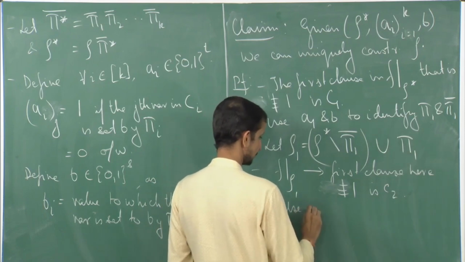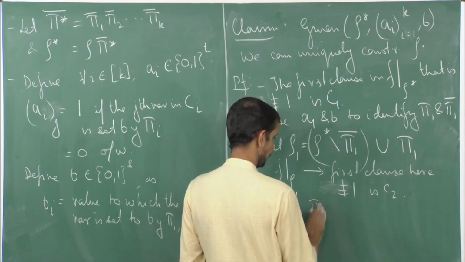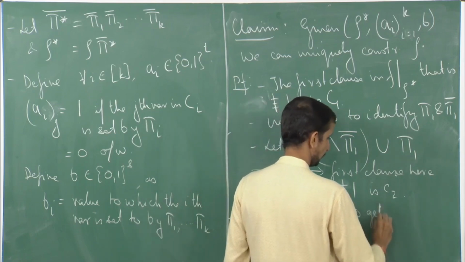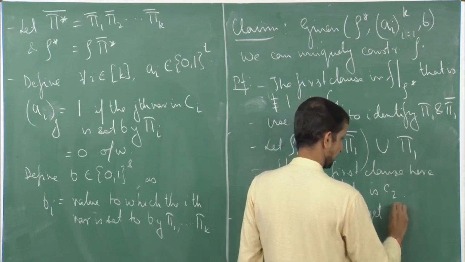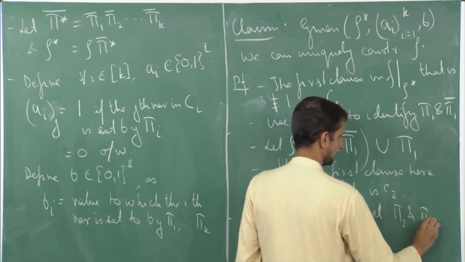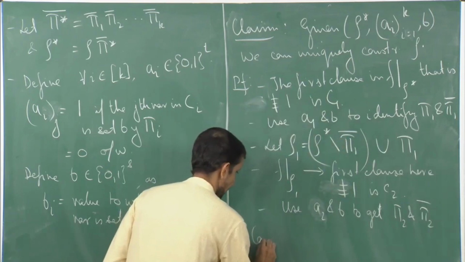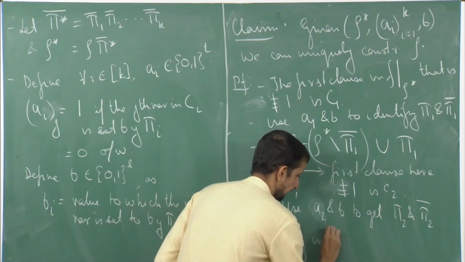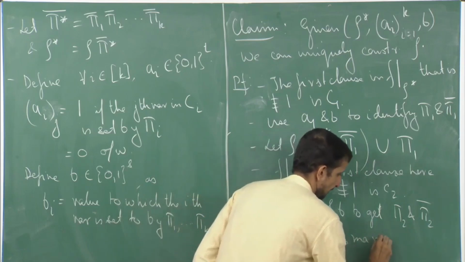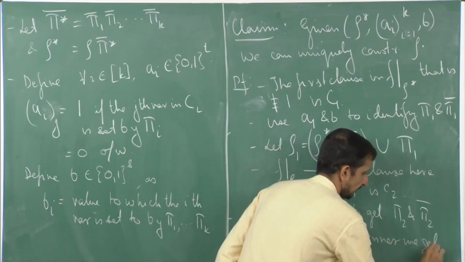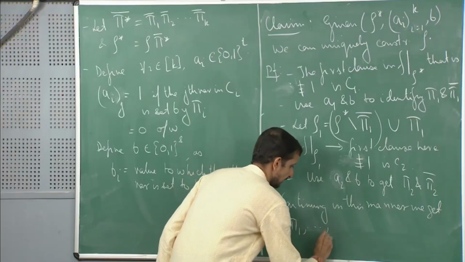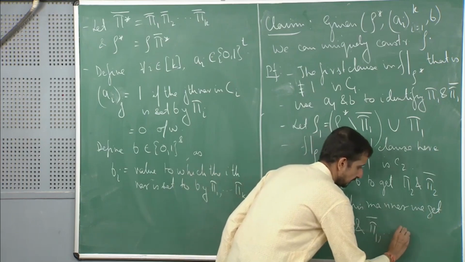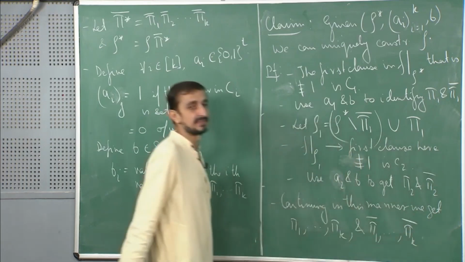Once again use A2 and B to get pi 2 and pi 2 bar. Now, continuing in this manner, we get pi 1 up to pi k and pi 1 bar up to pi k bar.